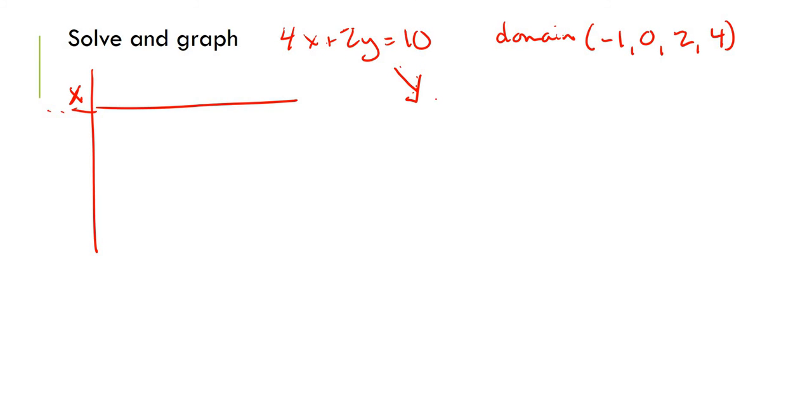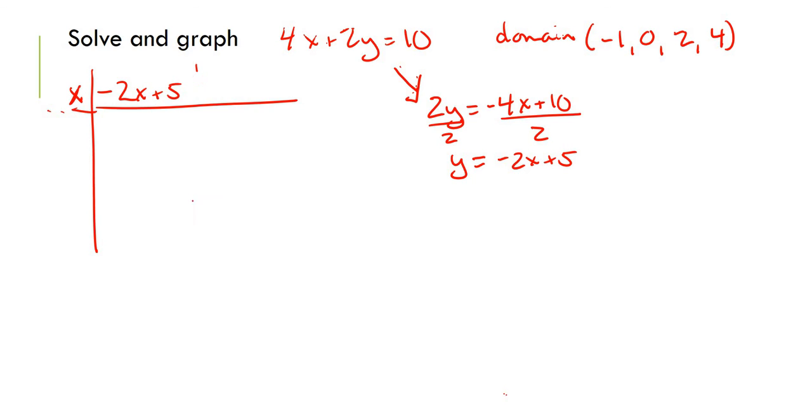First by subtracting the 4x, 2y equals -4x plus 10, then dividing by 2. So y equals -2x plus 5. And that's what's going to go in here. I'm going to find my y, and I'm going to find my ordered pair.